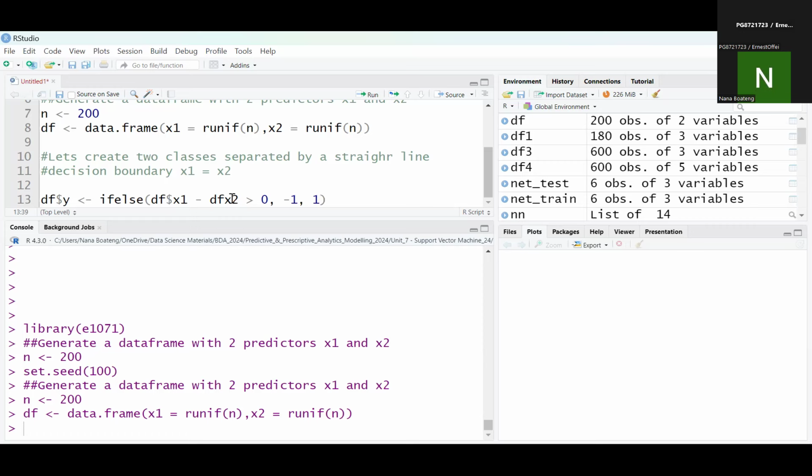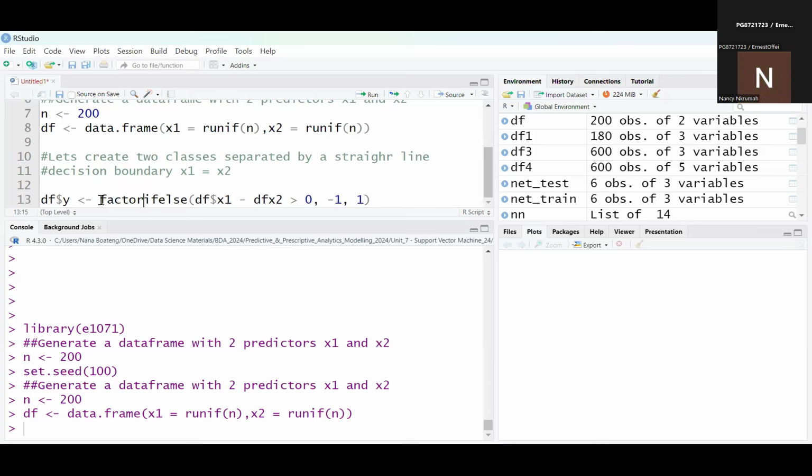And this -1 or 1 is not really a number, it's a symbol, so let's factor it. It would make much more sense when we plot the graph.